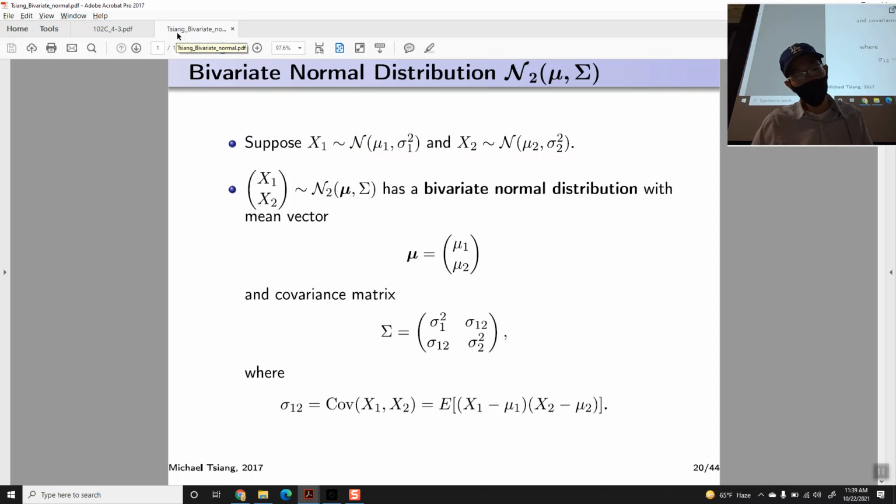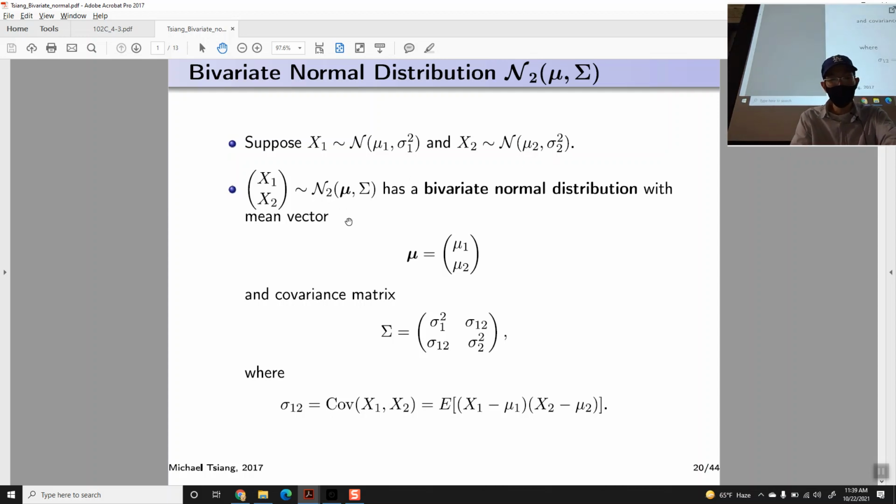With a bivariate normal distribution, we're saying that for the joint distribution of the 2 variables x1 and x2, there is some covariance between them. x1 is a normal variable with mean mu1 and variance sigma 1 squared. x2 is a normal variable with mean mu2 and variance sigma 2 squared.